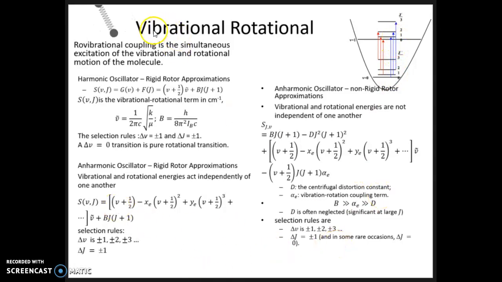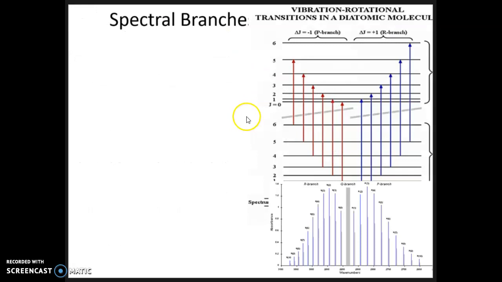Now, the result of vibrational rotational spectra: if we follow our different lines, this is a lower vibrational level, and that's a higher vibrational level with several J states. With each transition, you have lines on the side.